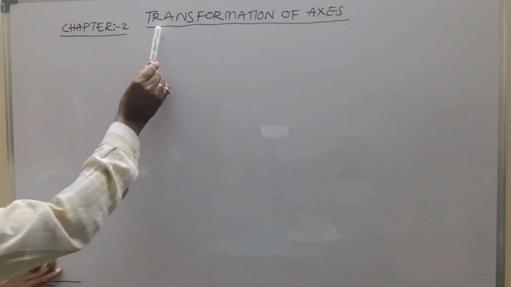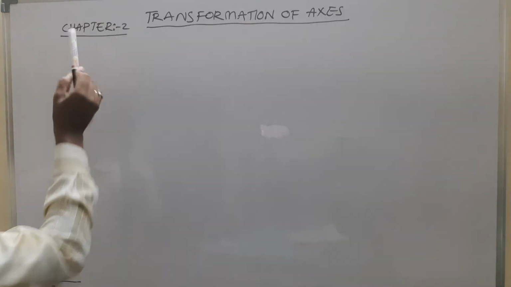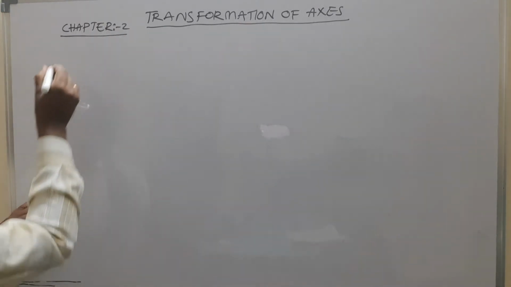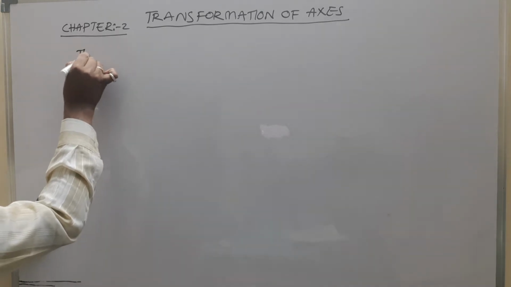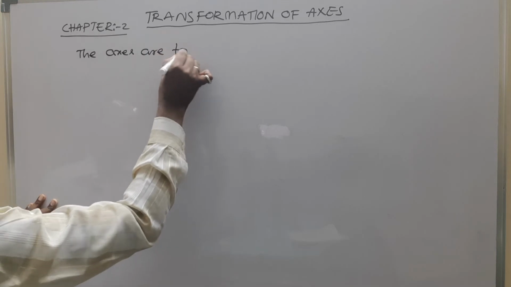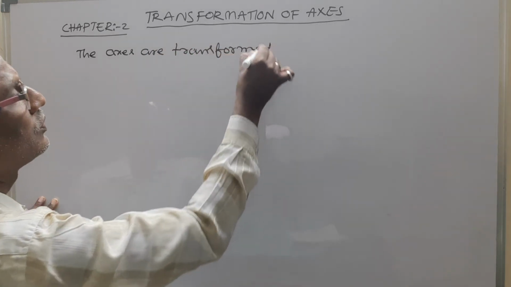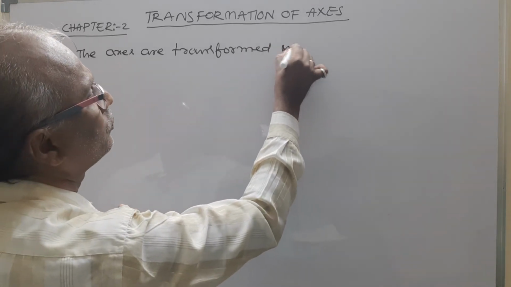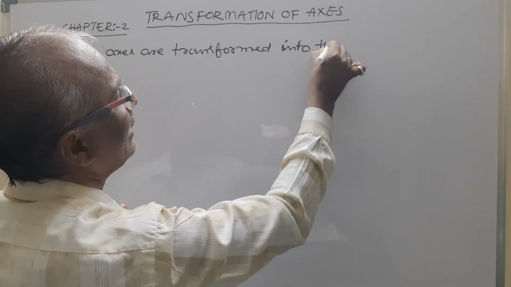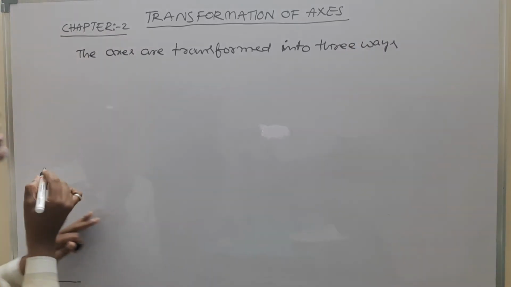Next topic, transformation of axis. This is chapter 2. Here the axes are transformed in three ways.